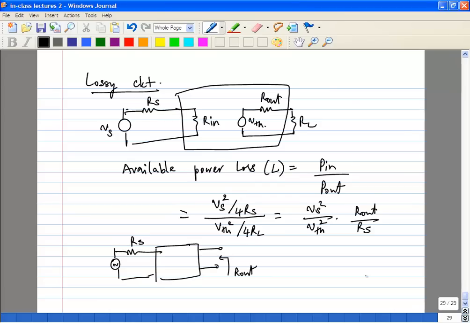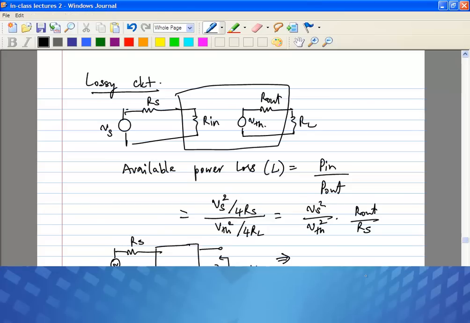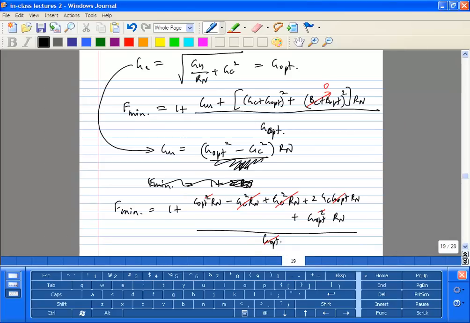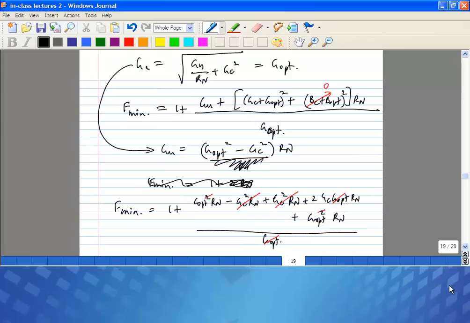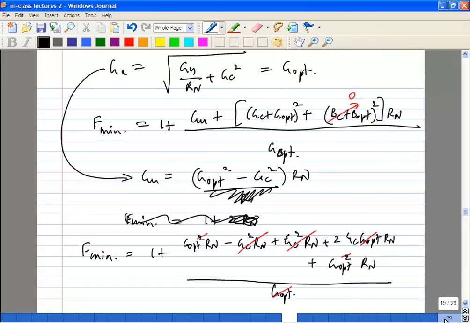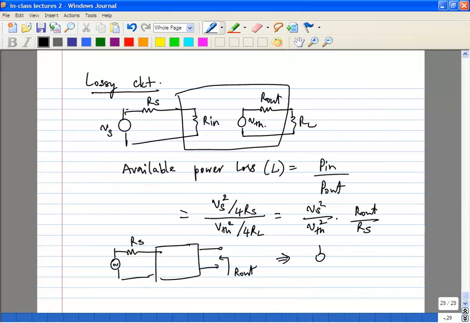So let's say this is a passive reciprocal circuit. You can show that the noise equivalent of this circuit is, of course the output impedance is R out, you can show this for a passive circuit.